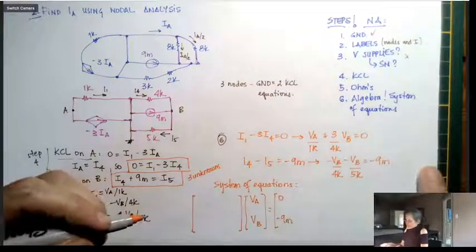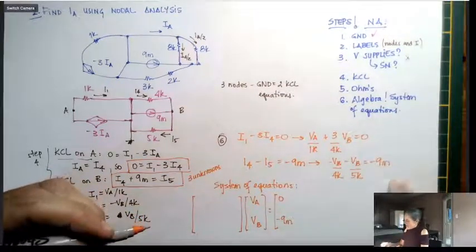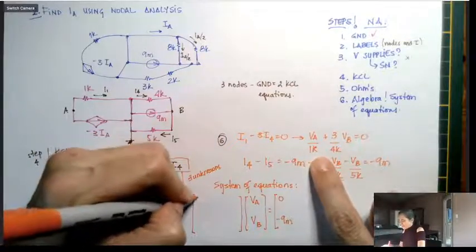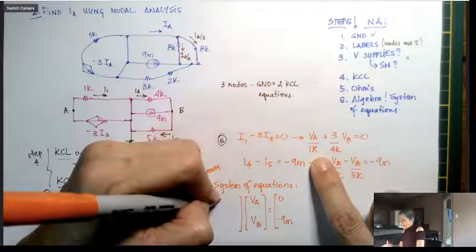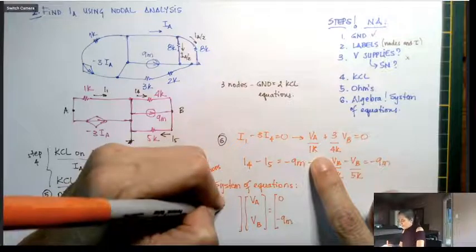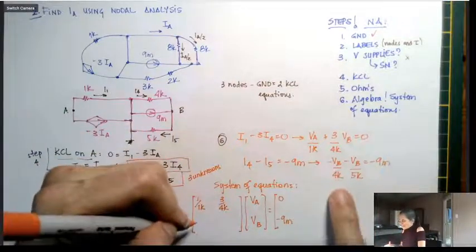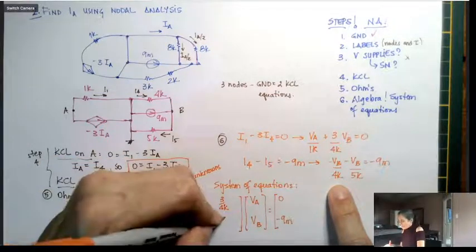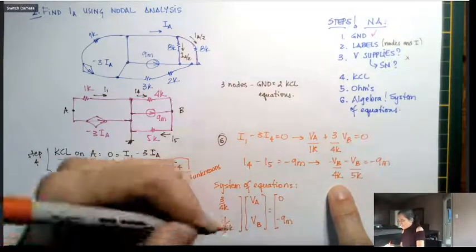You could multiply everybody by K here, but for now, VA's coefficient is 1 over 1K, and this is 3 over 4K, and this guy is minus 1 over 4K minus 1 over 5K.